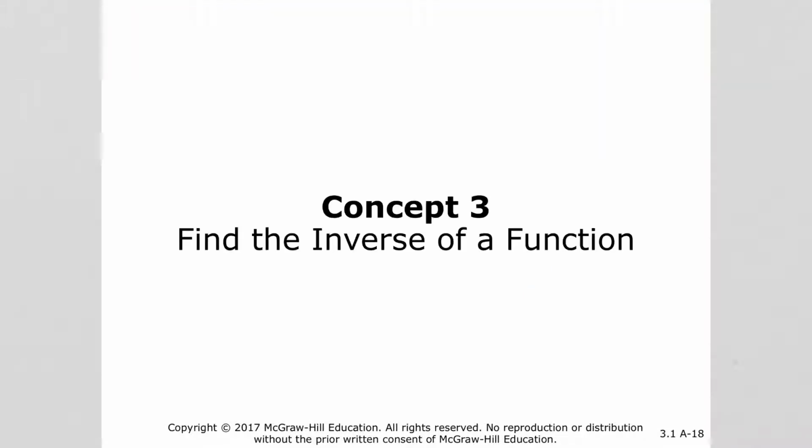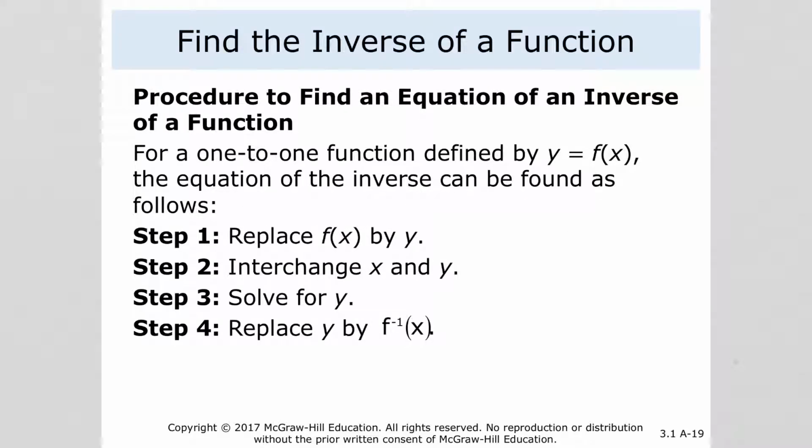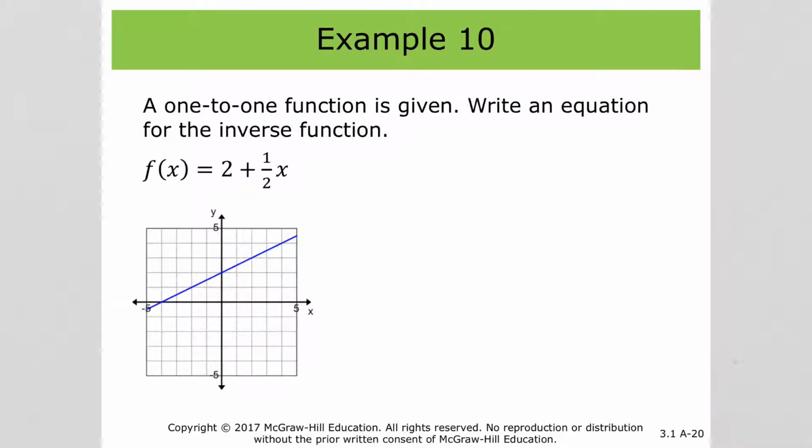Next, how do we write a function that is an inverse of another? Well, it's not that difficult, luckily. So here you've got y equals 2 plus 1/2 x, right?